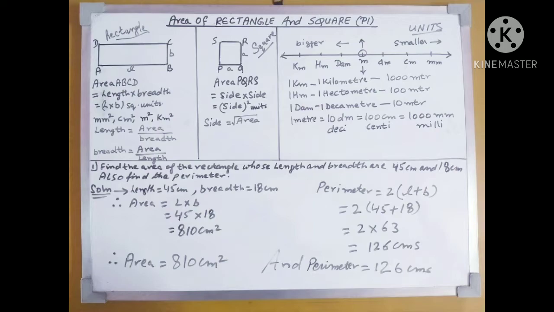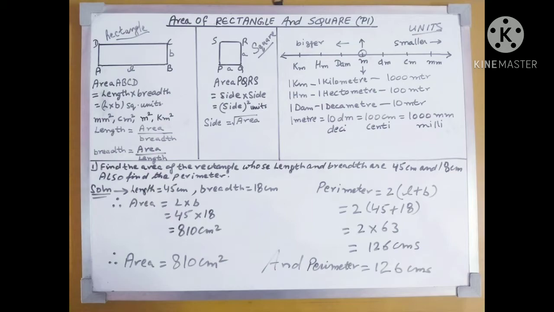Bigger than meter are decameter, hectometer and kilometer, right? Simple way to understand this is, we have a difference of 10 in between the consecutive units, right? We can learn all the units in terms of meter, right?